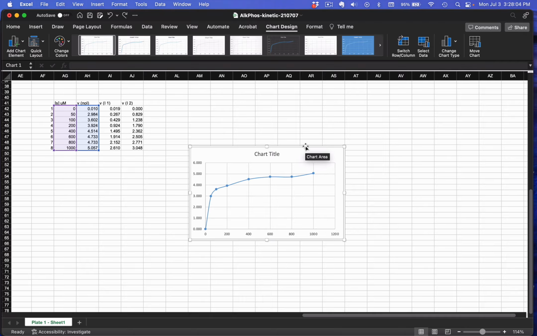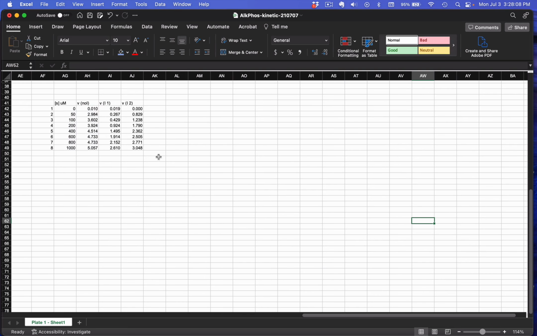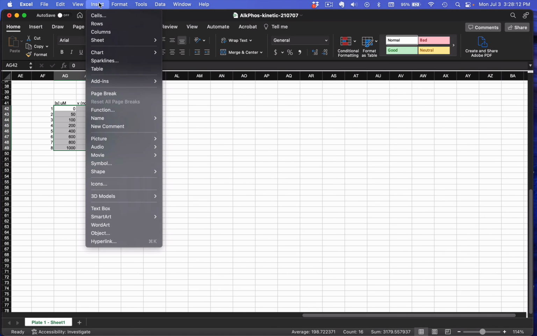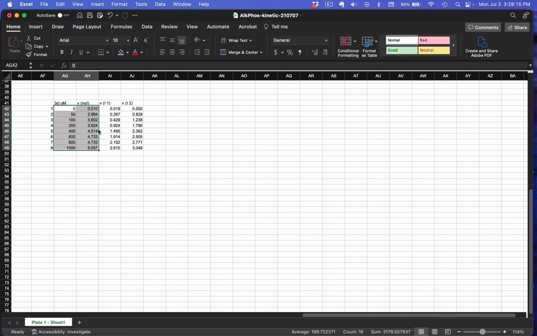So the main thing is we want to take these values and convert them into the data that we need for a Lineweaver-Burk plot. So we're going to go 1 over the substrate. Here, I'm going to move this down one line.